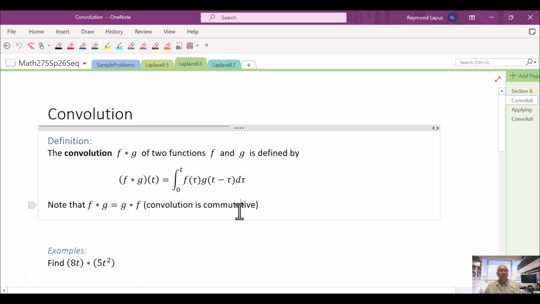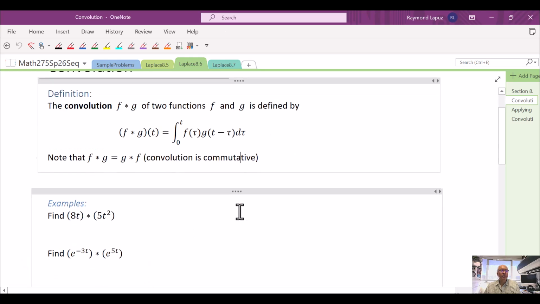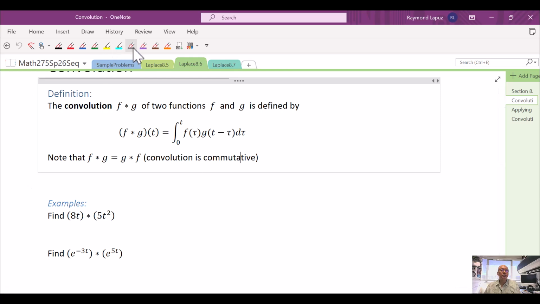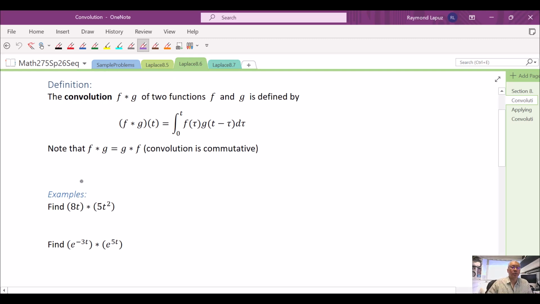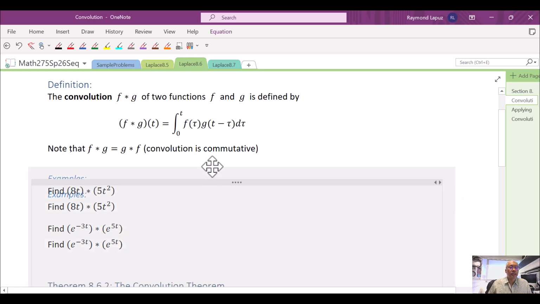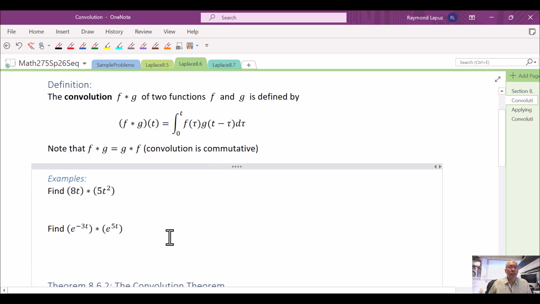All right. Here are a couple examples. Let's find the convolution for each of these. So how are we going to find the convolution? Literally just write that function. And here I'm going to quickly take advantage of that business about the convolution being commutative.